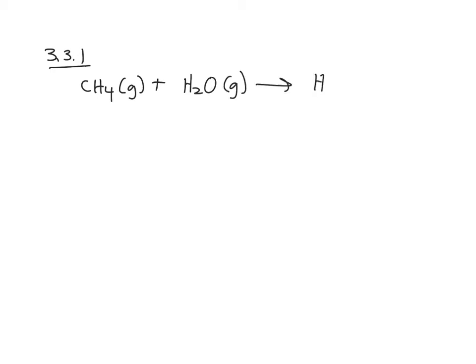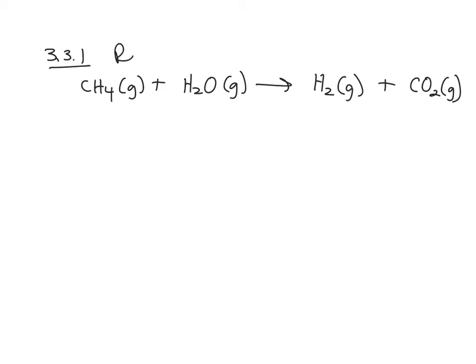So we have 3.3.1, and we have methane, and we have water. This is a combustion reaction, and we get hydrogen gas and CO2 gas. Now, I liked how your book did the dashes. It's the first time I've seen that.